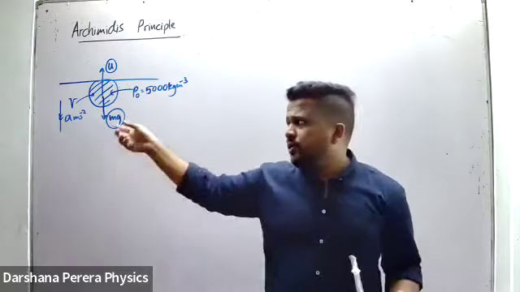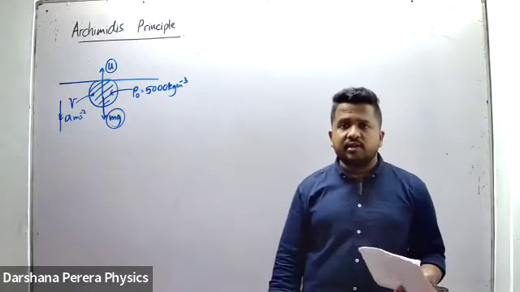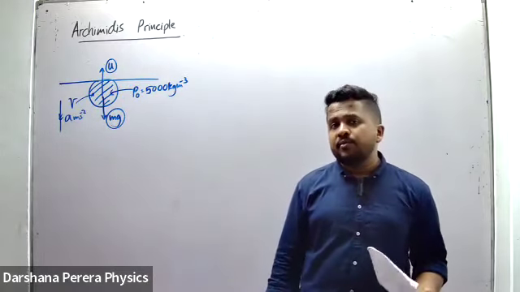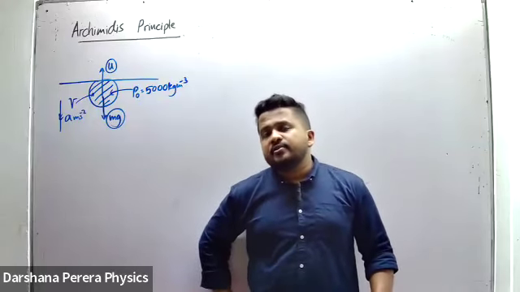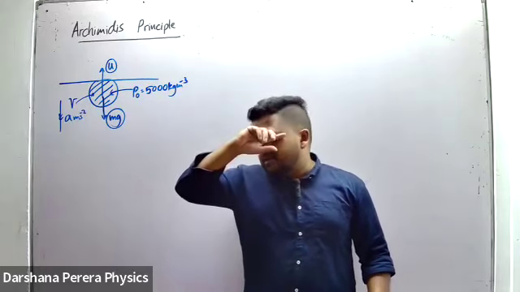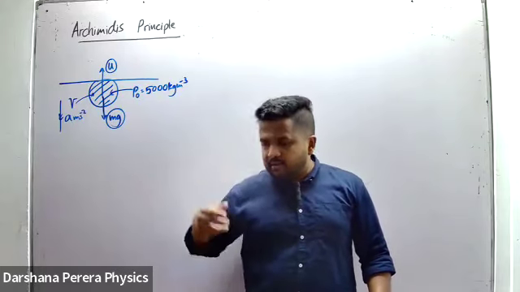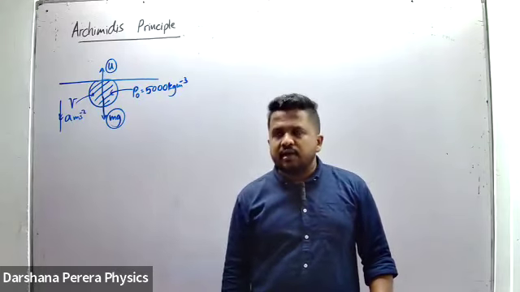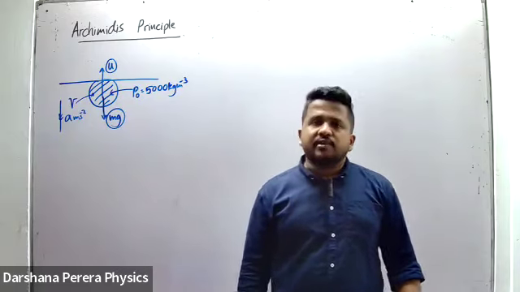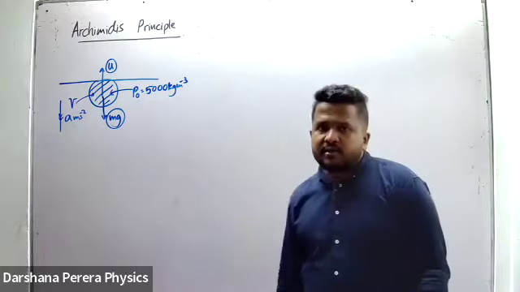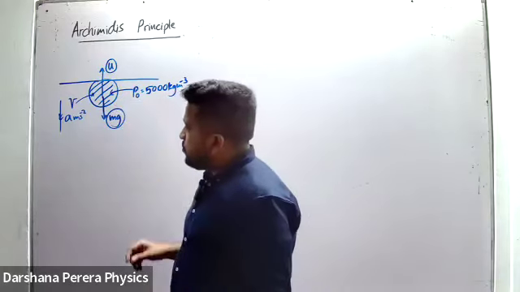After that, when it is going downward, it gets some kind of velocity called terminal velocity. It's discussed in the viscosity part. Okay, quickly do this one.